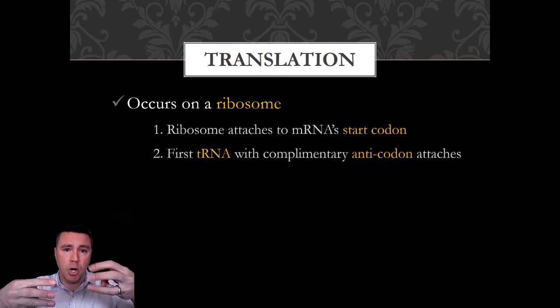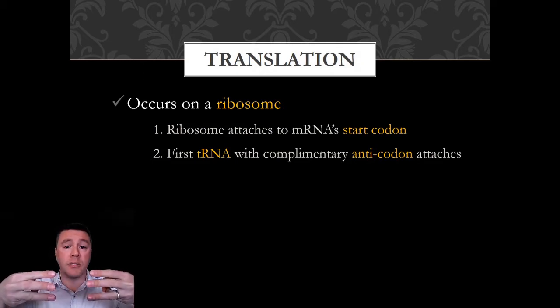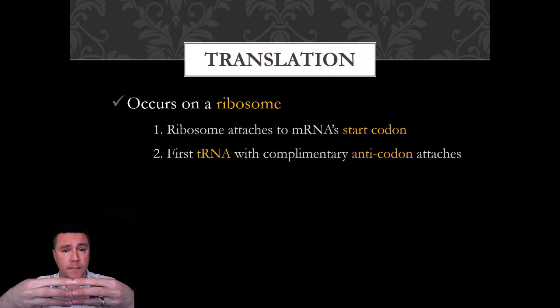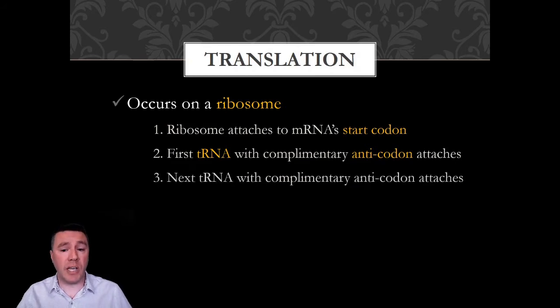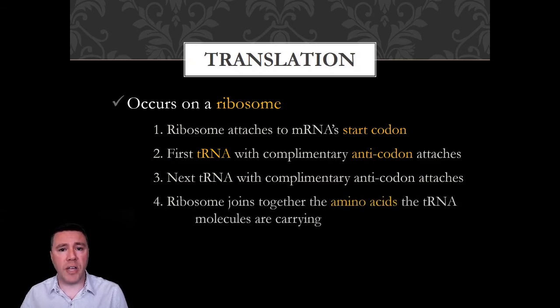So a codon on a messenger RNA is complementary to an anticodon on a transfer RNA. After that first transfer RNA arrives, the second transfer RNA with the appropriate anticodon arrives as well. The ribosome is then going to take those amino acids that the transfer RNAs are bringing and join them together.